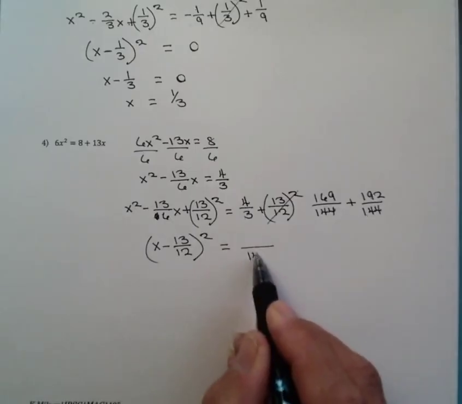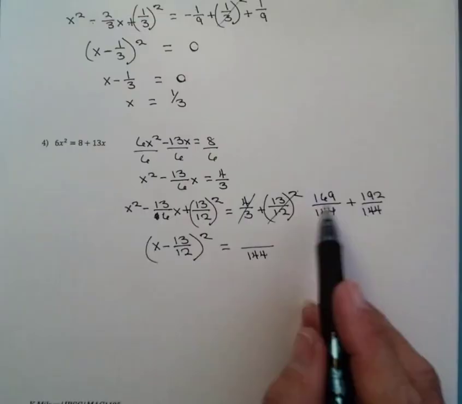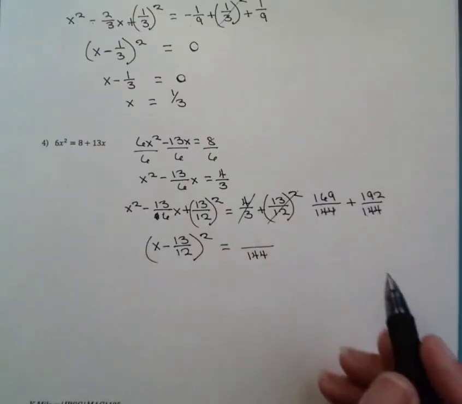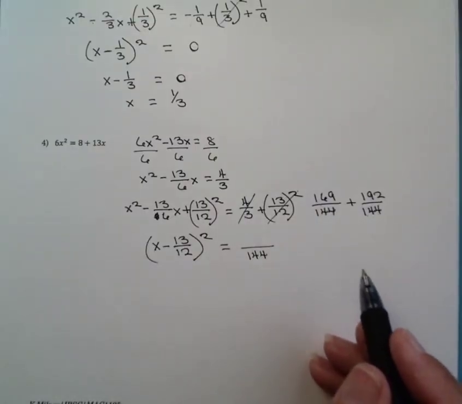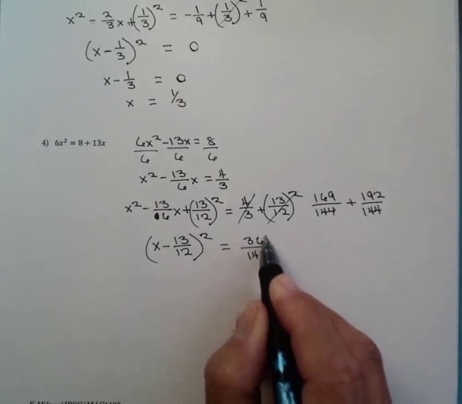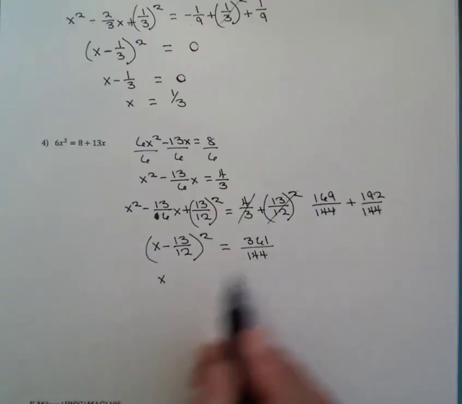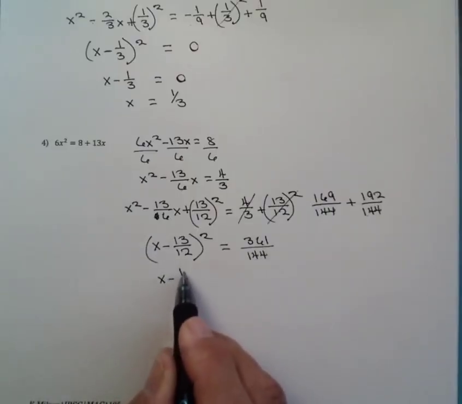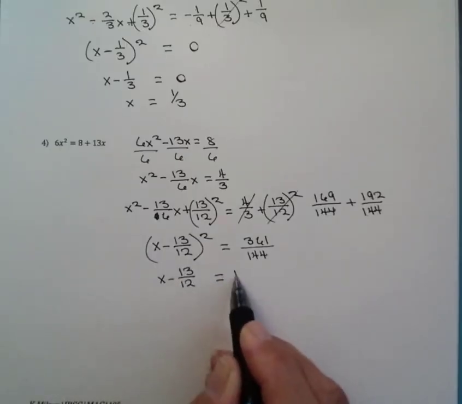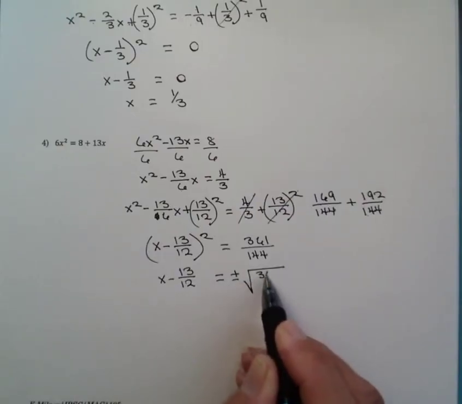So now I can combine these two fractions, because I replaced them both with these two fractions, by saying 169 plus 192, just adding those numerators, right? And when I do that, I get 361. So I want to take now the square root. I'm not going to simplify that because I don't know what might happen here. I'm going to take the square root of this side and make it equal to plus or minus the square root of 361 over 144.